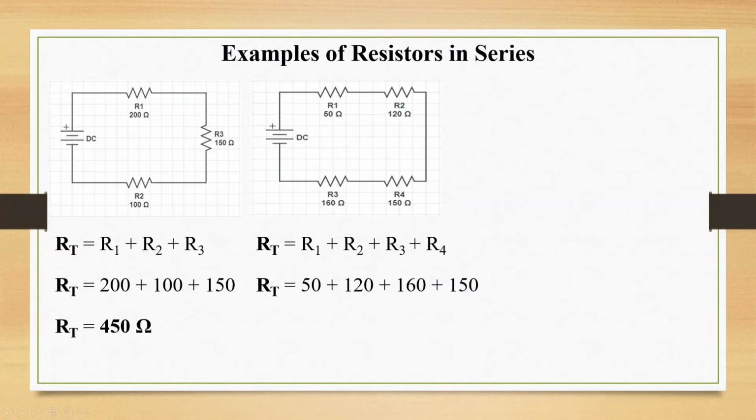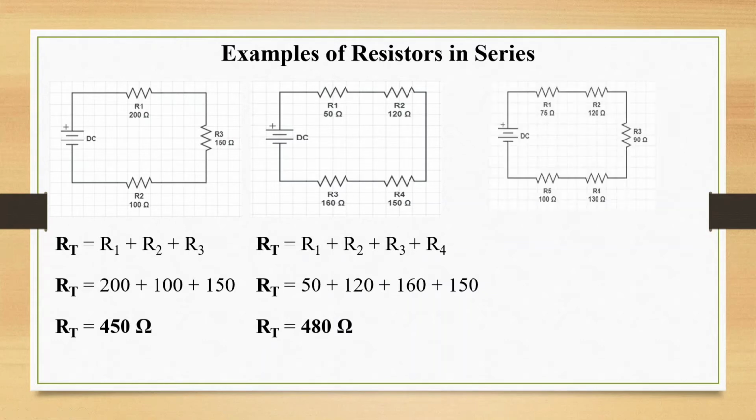So 50 plus 120 is 170, plus 160, that will be 330, plus 150, we have 480 ohms. The total resistance of these resistors connected in series is 480 ohms.